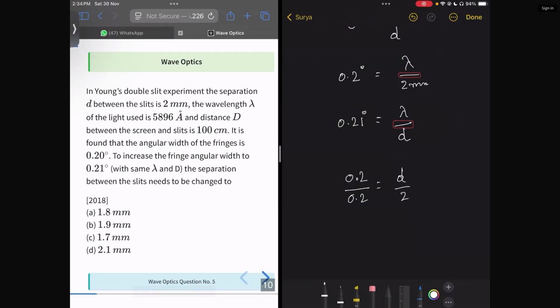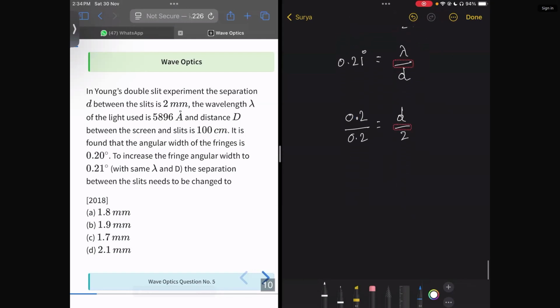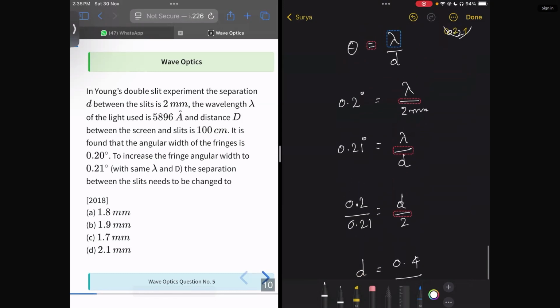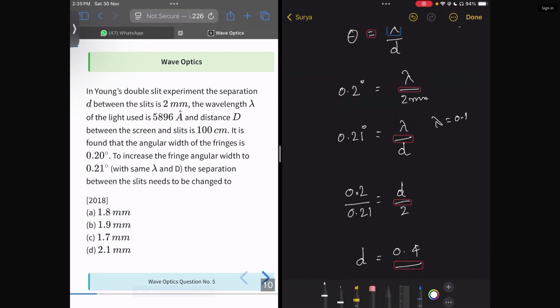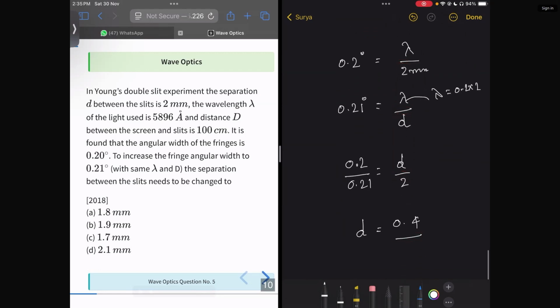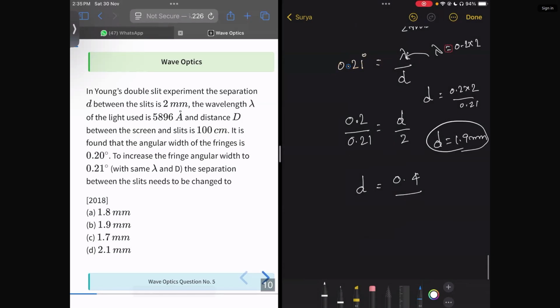From here, d is equal to 0.2 into 2 divided by 0.21. So it will be 1.9 mm. So option B is the right answer.